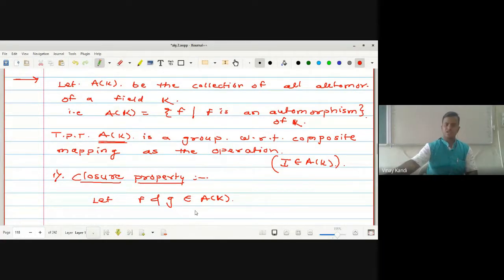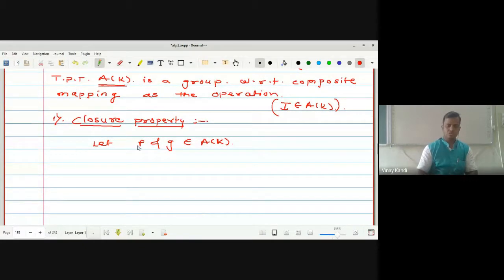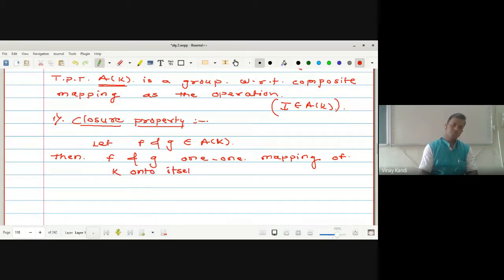Okay, let F and G be two elements belonging to the set A of K. Then F and G are what? One-one mappings of K onto itself.